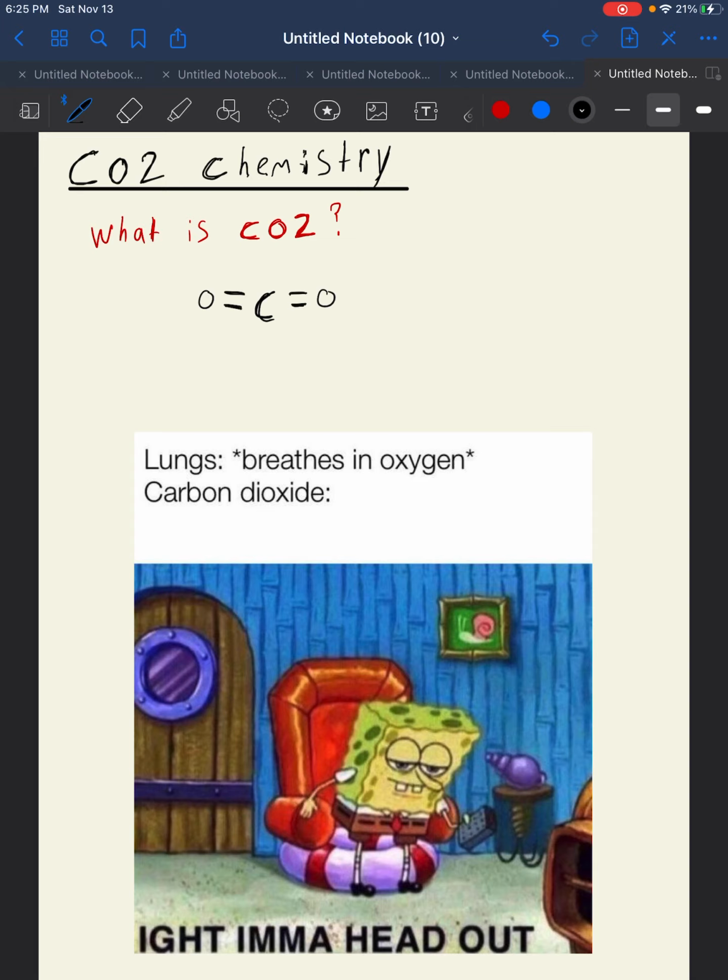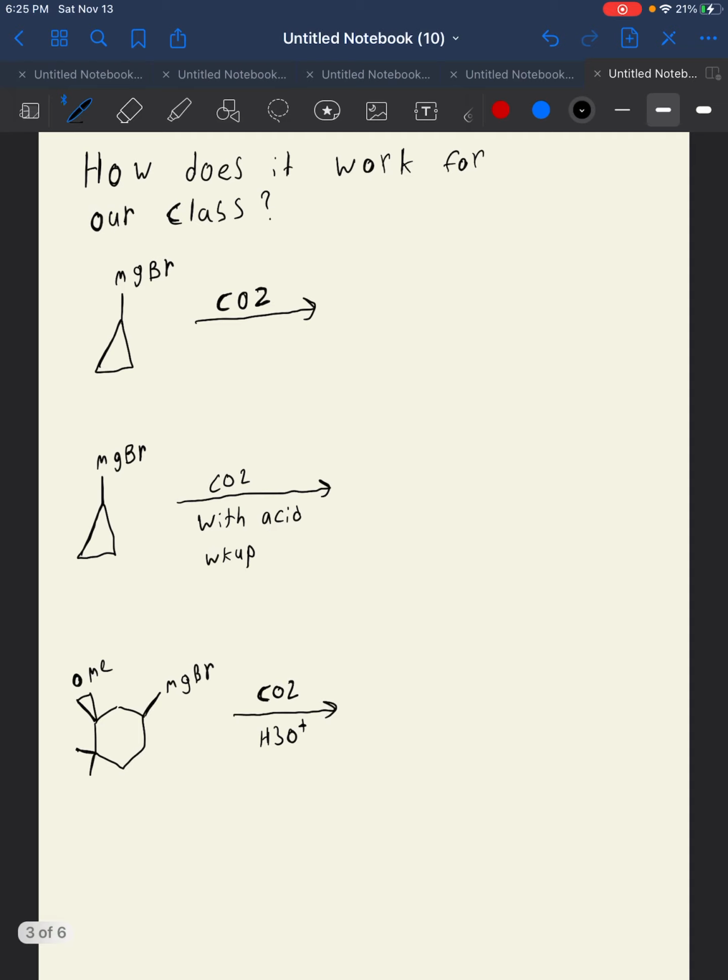Now, how do we actually use this for organic chemistry? Well, I'm about to show you. Most likely you're going to see problems that look like this, where it's reacting with a Grignard reagent. And how this works is you will get something that looks like this when you react a Grignard reagent with CO2.